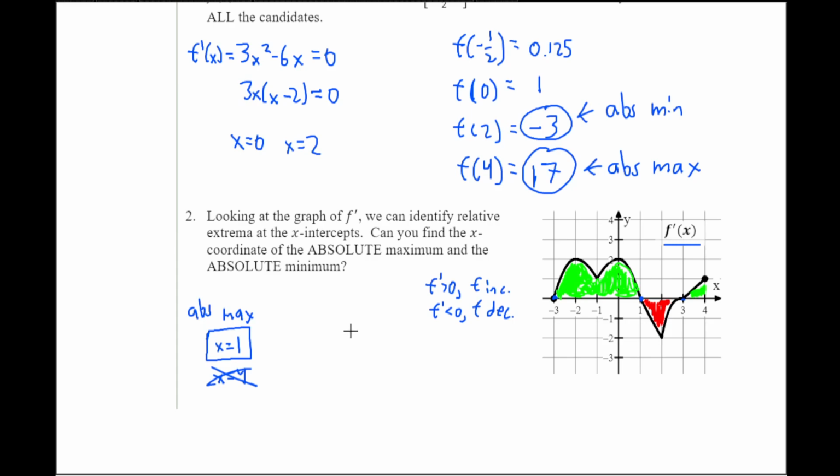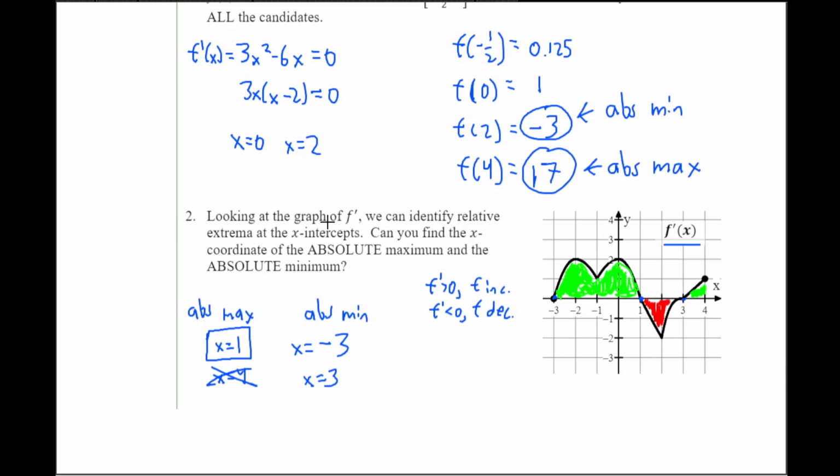So your absolute min here is either going to be, well, let's see, your other two options are -3, your start point, or x equal to 3.